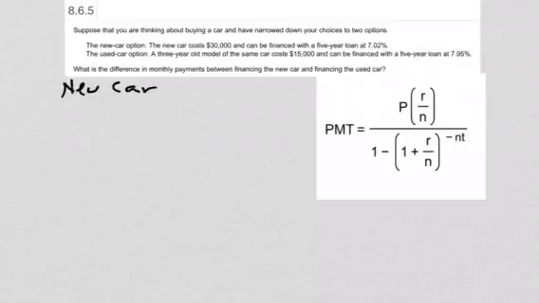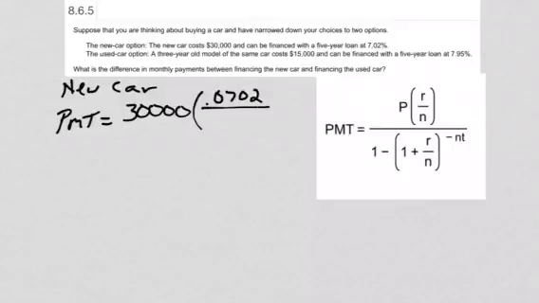So we have 30,000, so my regular payment amount, my PMT, equals 30,000 times my rate, which is 0.0702, divided by your N. Again, your N is the number of payments per year. This is the monthly payment, so my N would be 12.